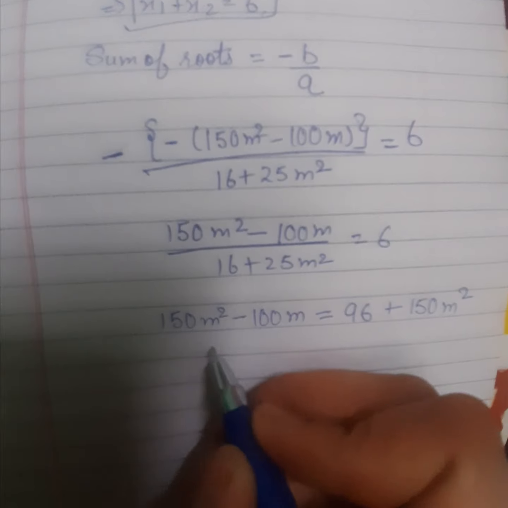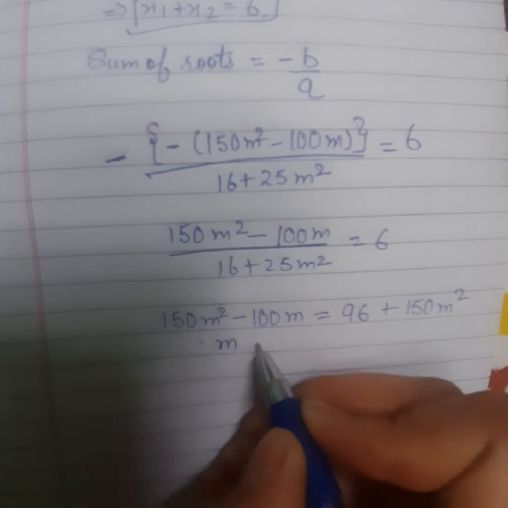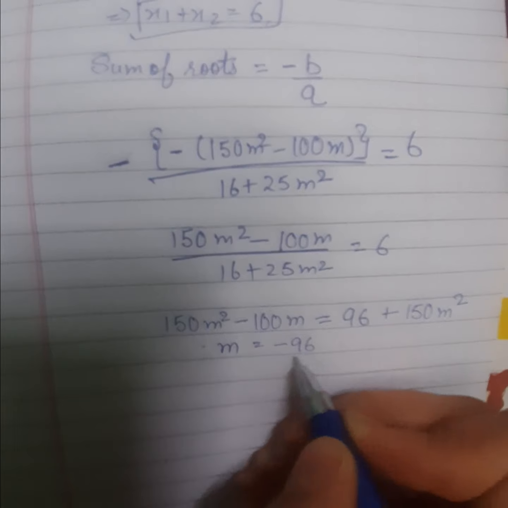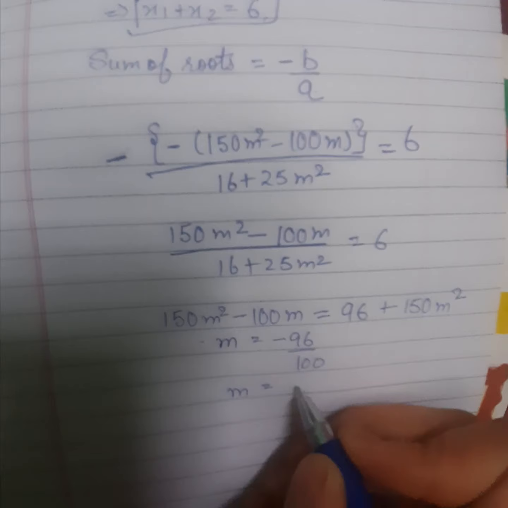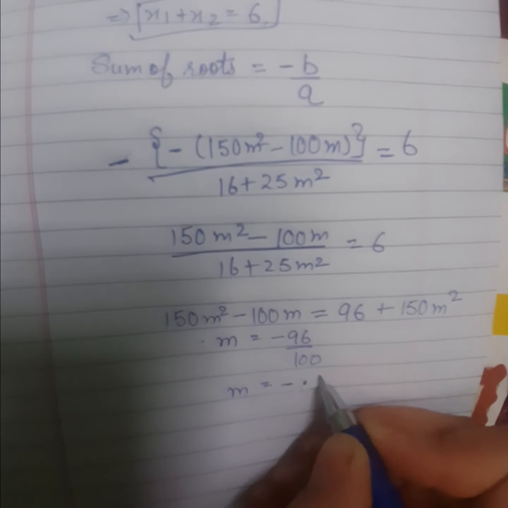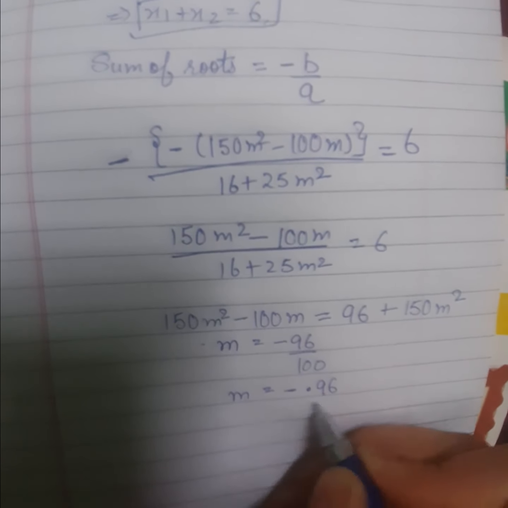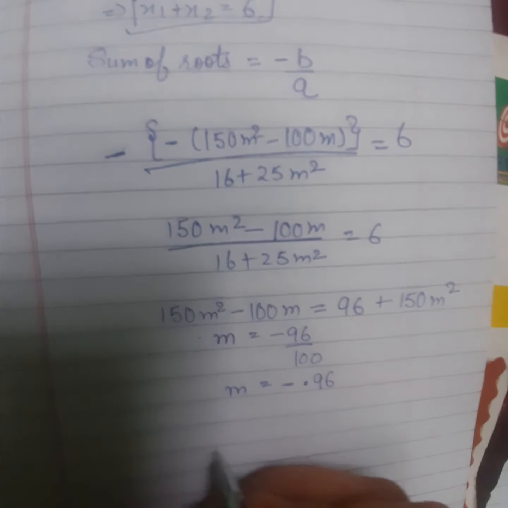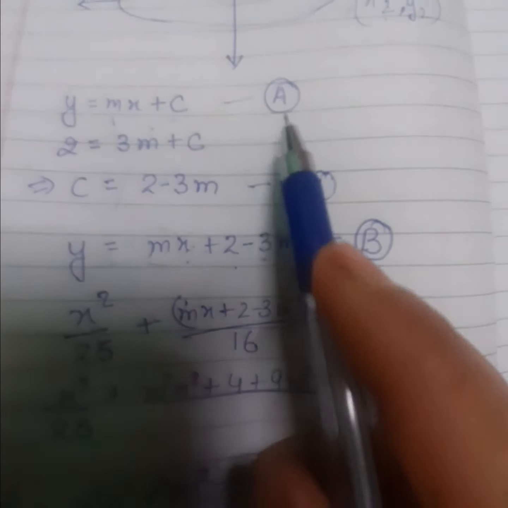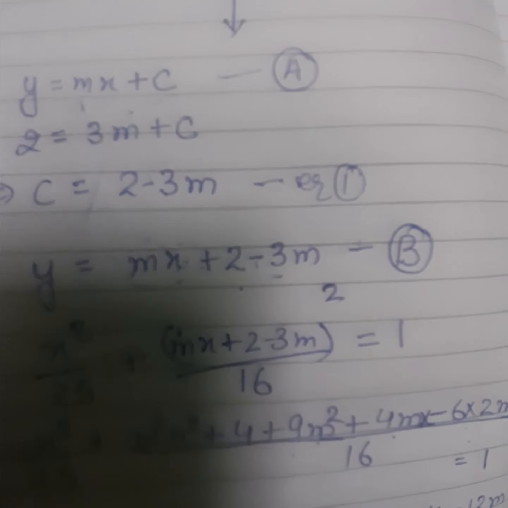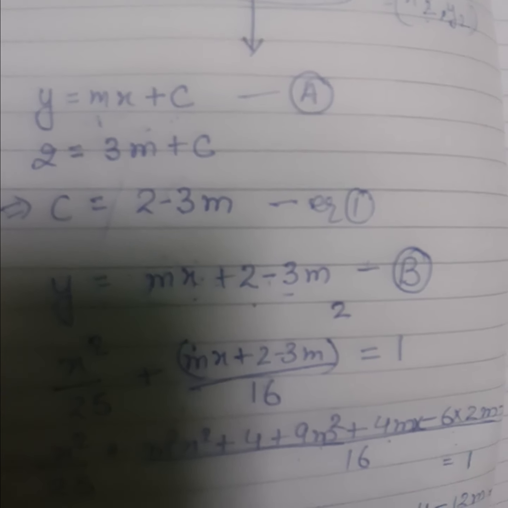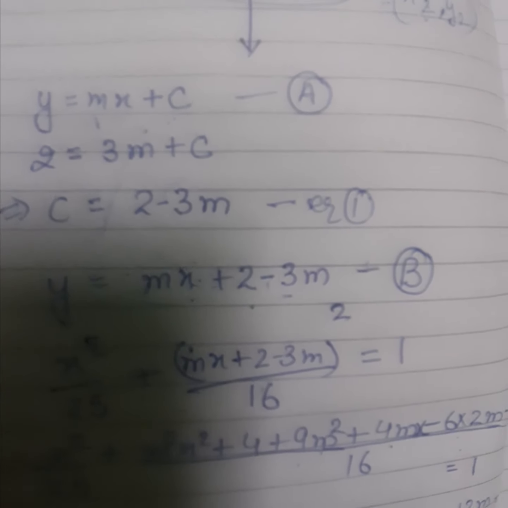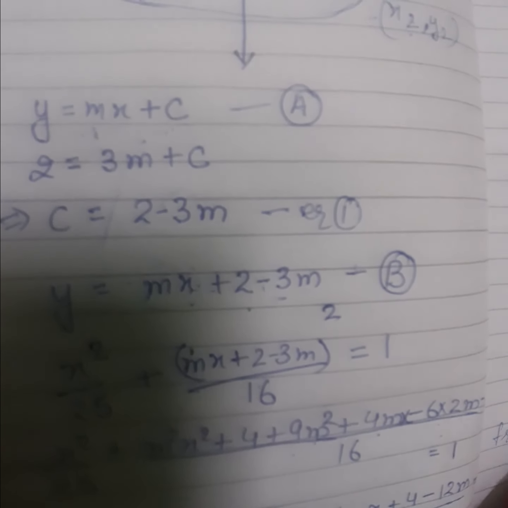Now if I sort it further, I'll get m = minus 96 over 100, or you can say m = minus 0.96. So this is our slope. Now as per equation A, let's have a look at equation A, not at equation B. We have y = mx + 2 minus 3m as the equation of the line.